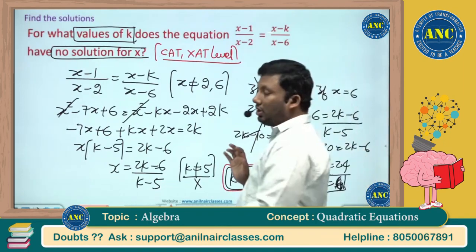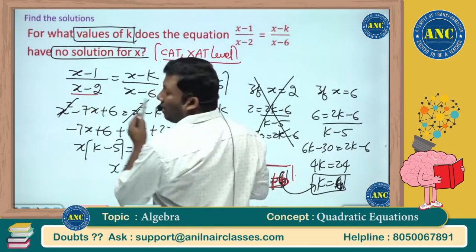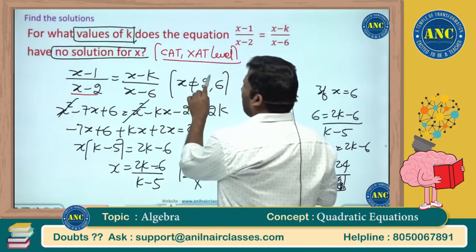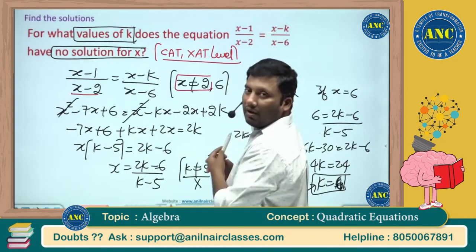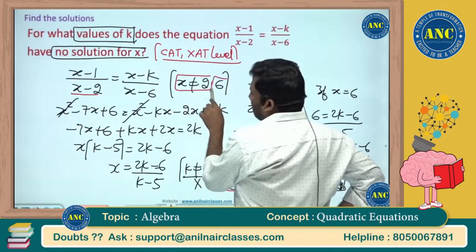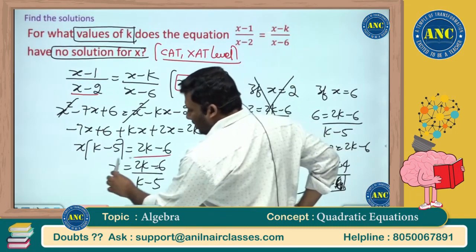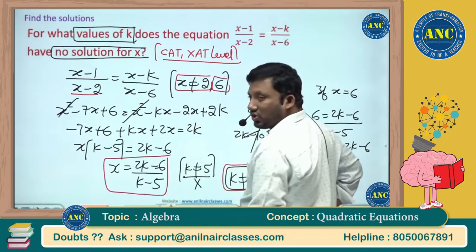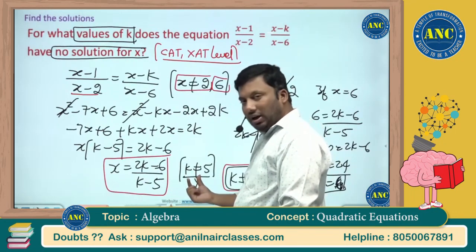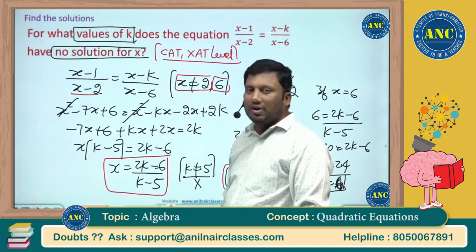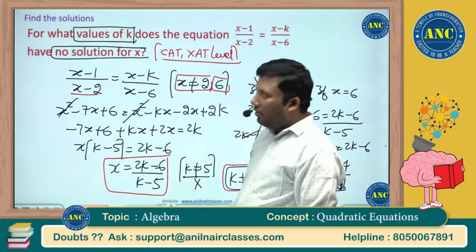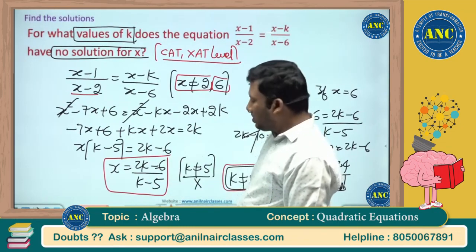Very, very good question. X minus 2 is there in the denominator, and the denominator cannot be 0, so x is not equivalent to 2. X minus 6 is there in the denominator, so x not equivalent to 6. I got x equivalent to (2k minus 6) by (k minus 5), so k not equivalent to 5. If k is equivalent to 5, the denominator is 0, which means it will not have any solution.